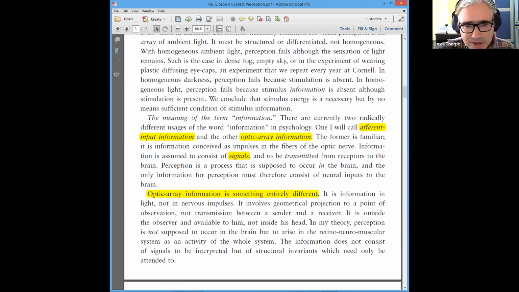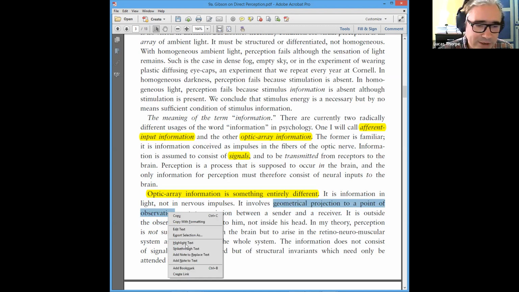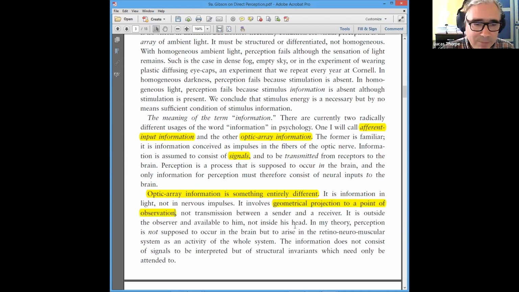Optic array information is something quite entirely different. It is information in light, not in the nervous impulses. It involves geometric projection to a point of observation. So we have this notion of geometric projection to a point of observation, not transmission between a sender and receiver. It is outside the observer and available to him, not inside my head.